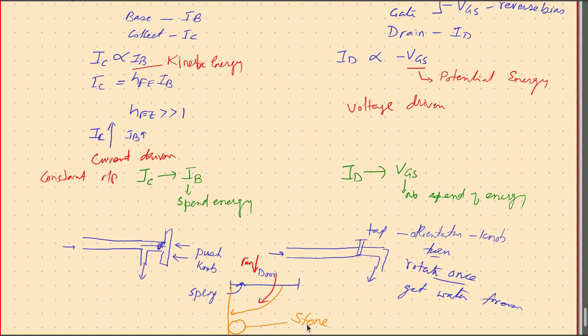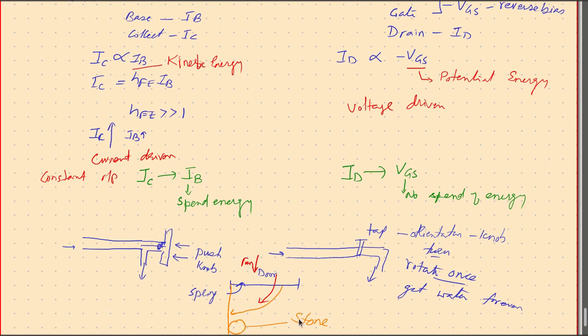So a small energy is to be spent for keeping the door open in the stone version. But in the fan version, make sure that the fan is running as long as you want the door to be open. Running a fan means using electricity, that means spending energy.